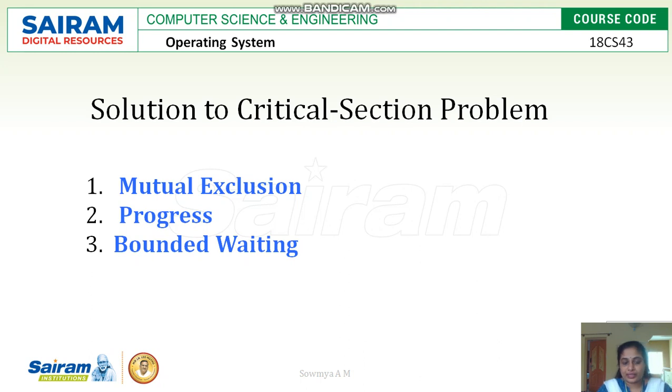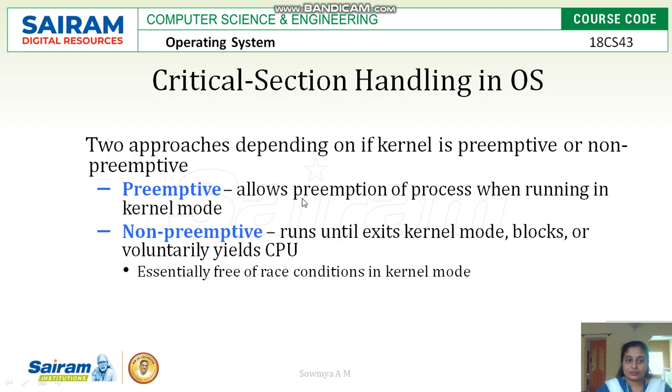The solution requirements for the critical section problem are mutual exclusion, progress, and bounded waiting time. Critical section handling in the operating system is based on two approaches, preemptive and non-preemptive.